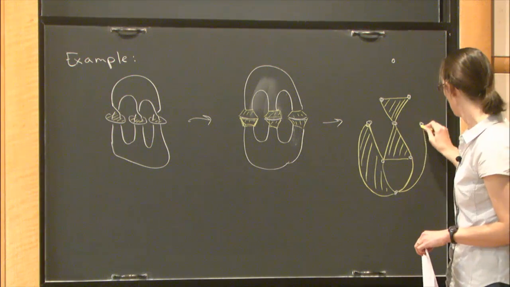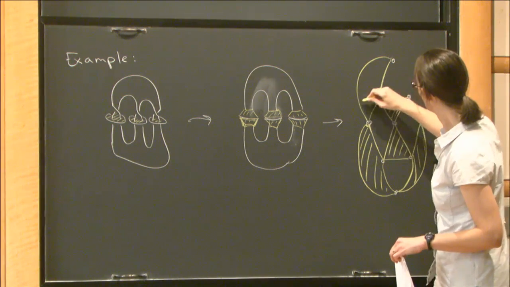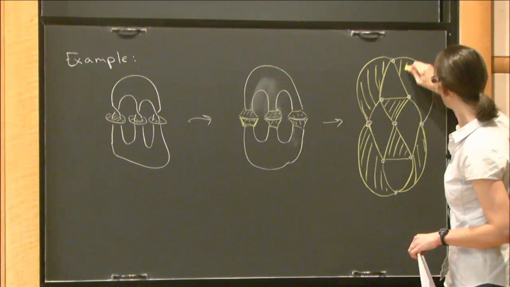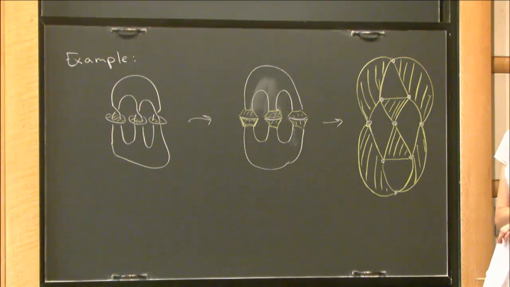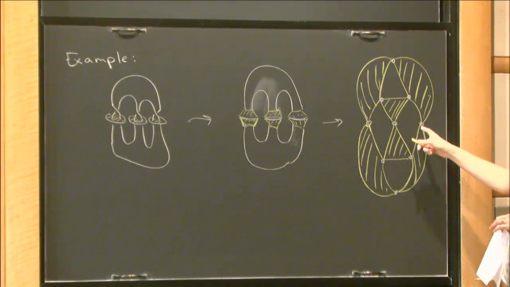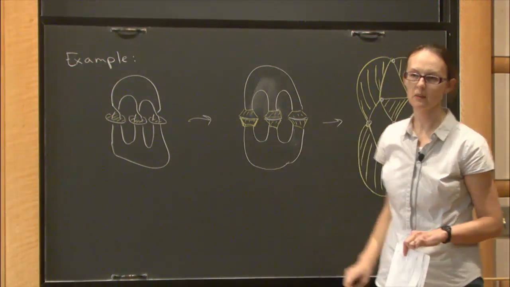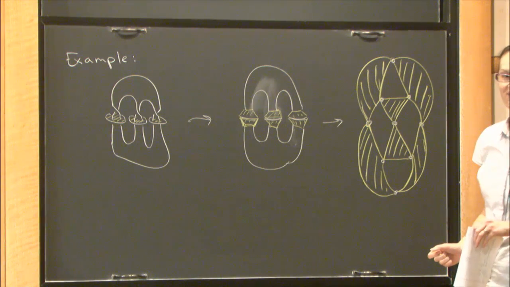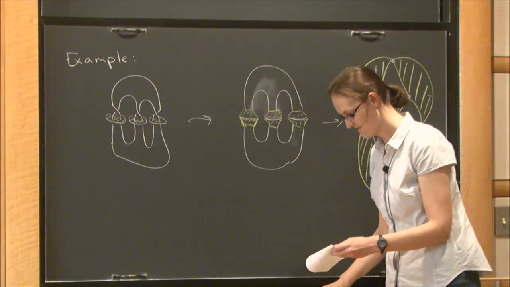And then one over here, one over here, and one over here. Okay, so this is one of the 2 ideal polyhedra that make up the complement of this link. The other one is identical to that. Okay, any questions? All right.